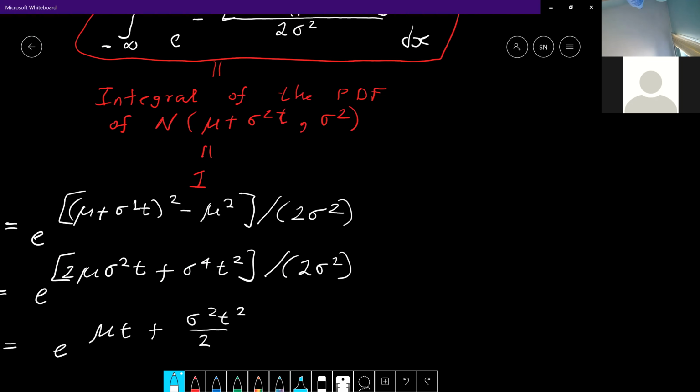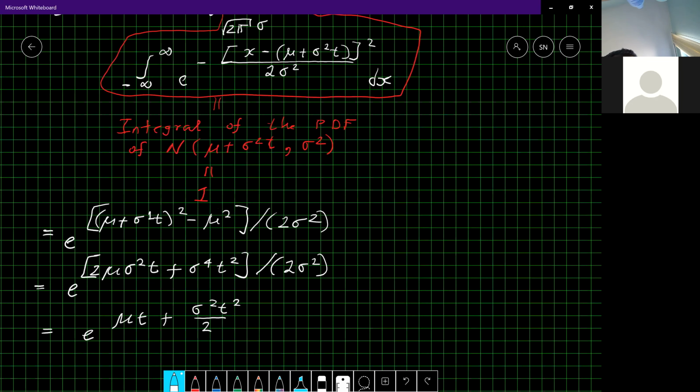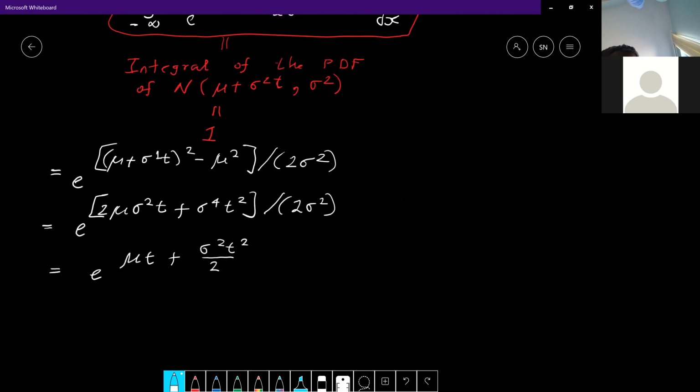After a lot of calculations, it looks like a lot, but you will get used to it when you go to probability 2. So what we have shown is that the MGF of a normal variable is equal to e to the power of mu t plus sigma squared t squared over 2.